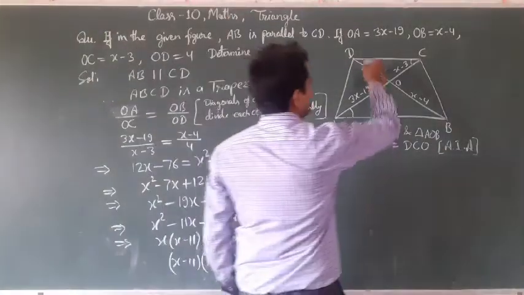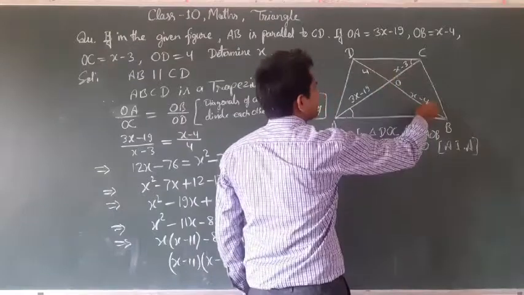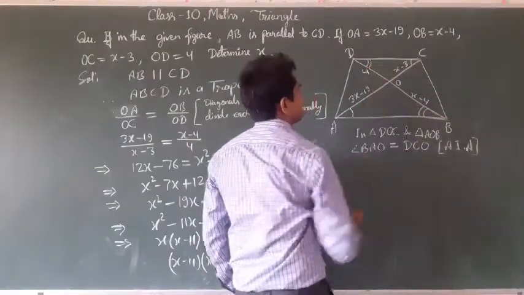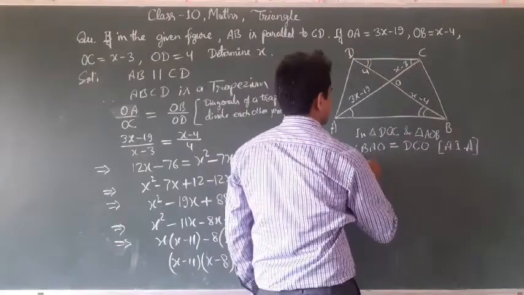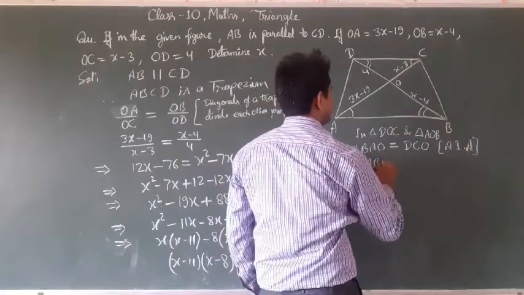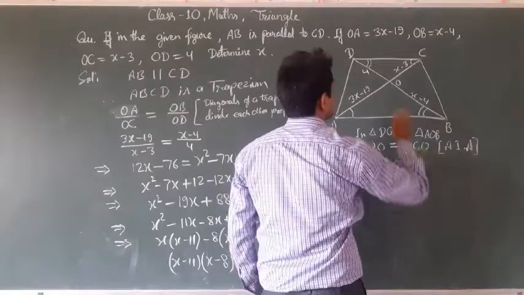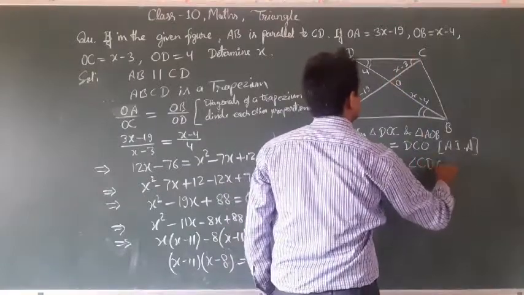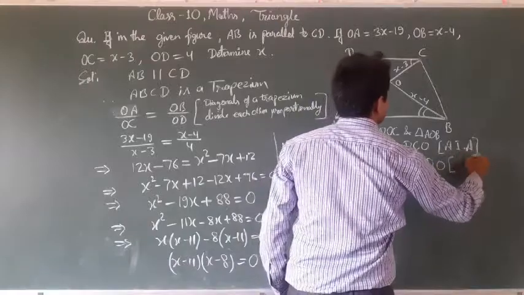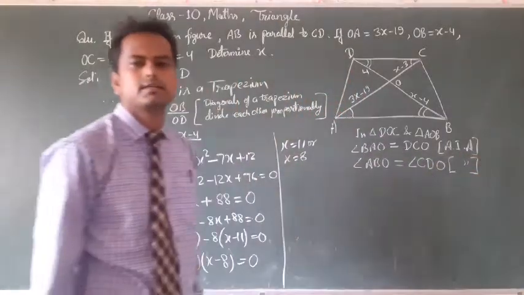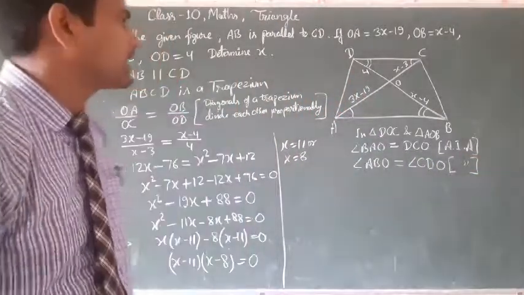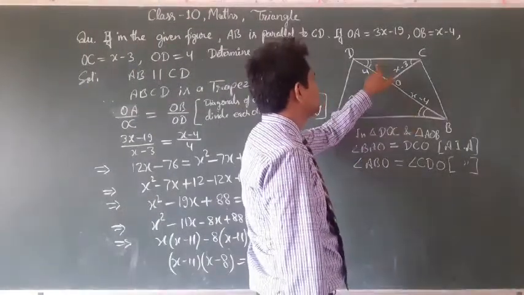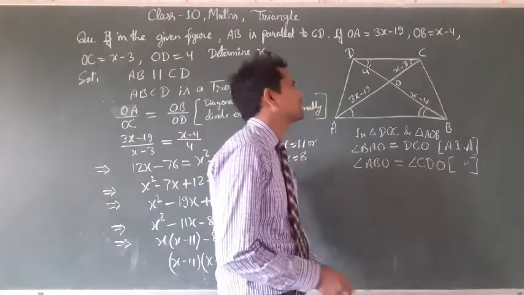Now this is a transversal line, then this angle will be equal to this angle. That means angle ABO is equal to angle CDO. That is also an alternate interior angle.